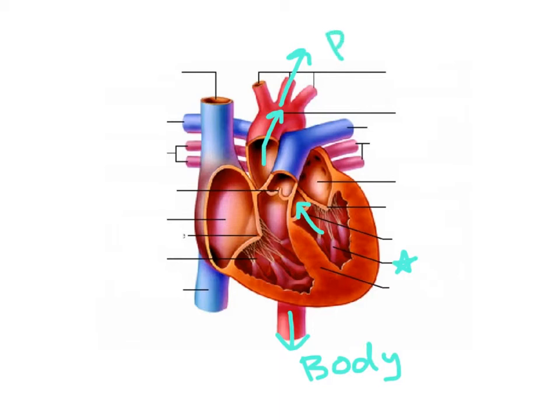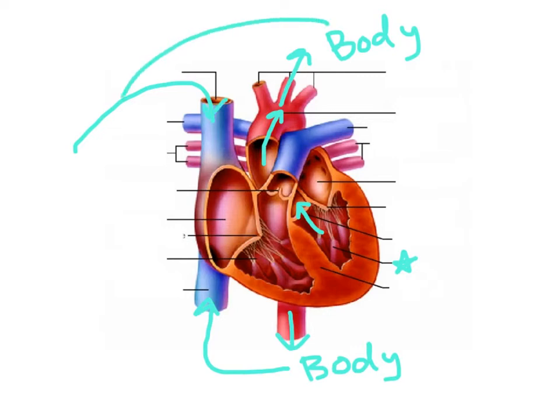Remember, this is oxygenated blood, so we have to get that oxygen to where it needs to go. It's going to take the oxygen and nutrients to the body, and after it delivers the oxygen, it's going to come back through the inferior and superior vena cava. So from the body, right? And once it goes into the vena cavas, it's going to get emptied out into the right atrium.